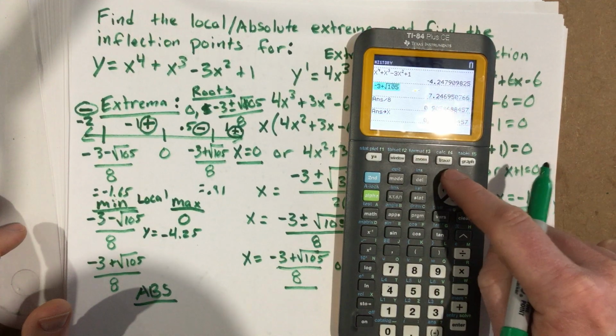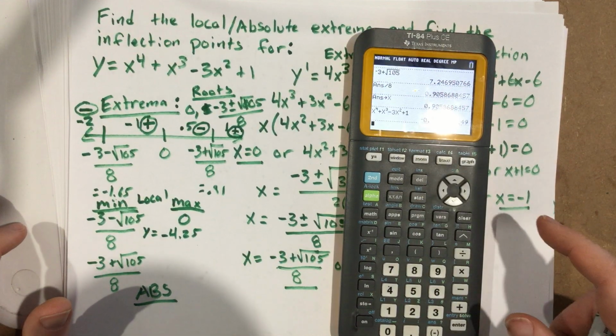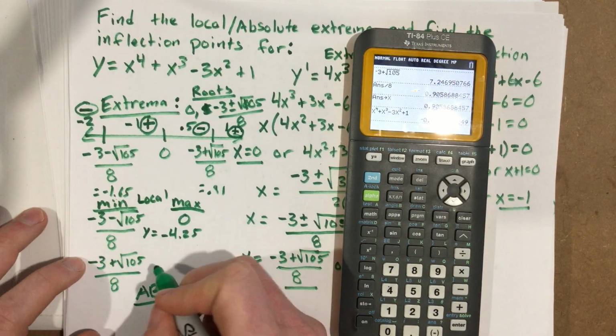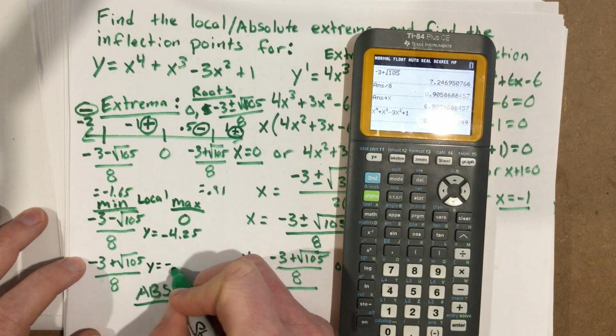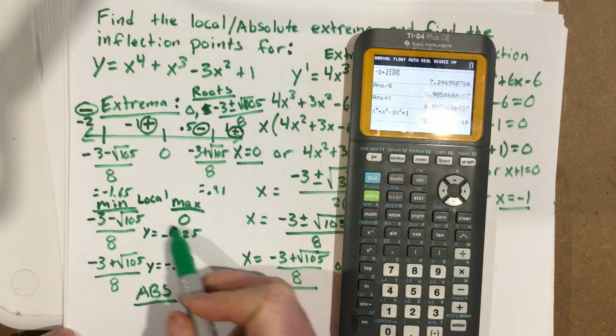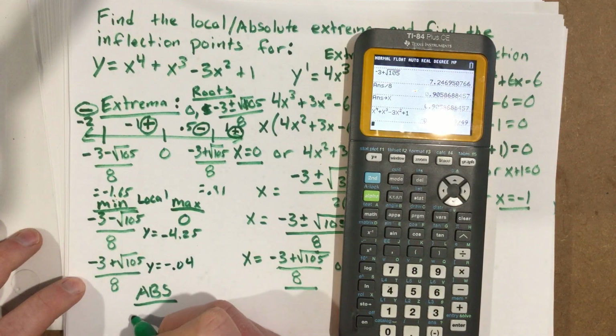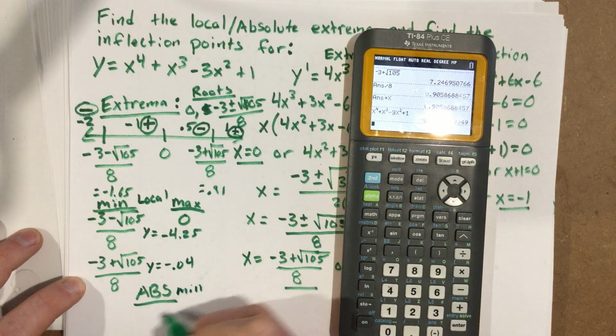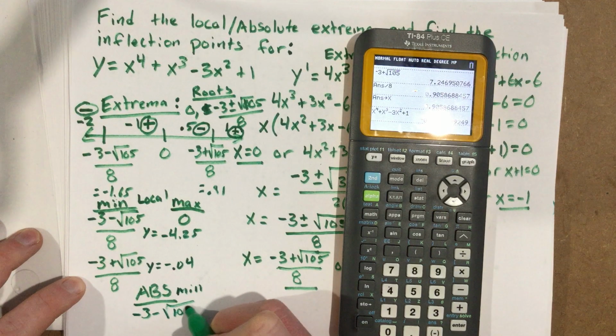And let's grab that function again. That's negative 0.04. So this one is negative 0.04. Well, which one's lower? That one right there has the lowest y value, so my absolute min is negative 3 minus root 105 all over 8.